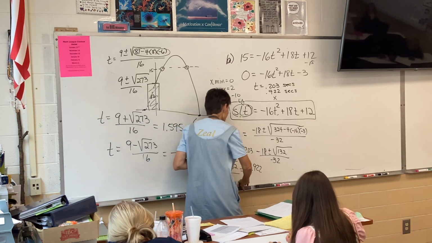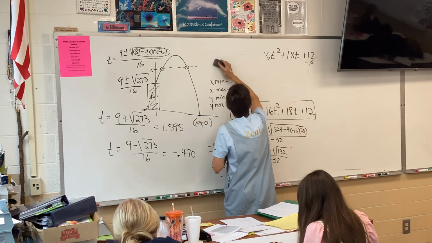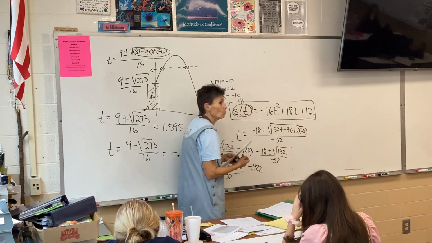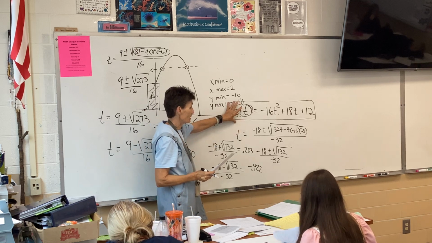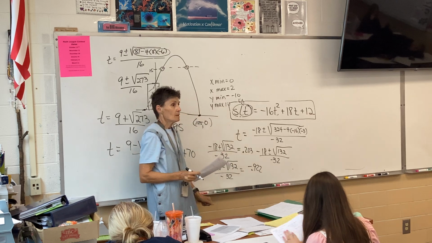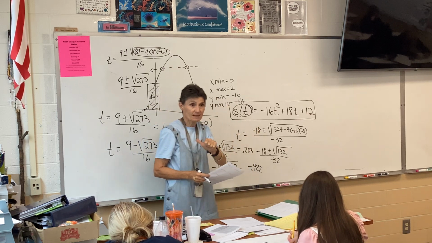Probably the easiest one. How high is the ball after 1 second? Remember, here's your formula. Replace the t with 1. Bingo. Oh, yeah. Remember, height is feet, time is seconds.